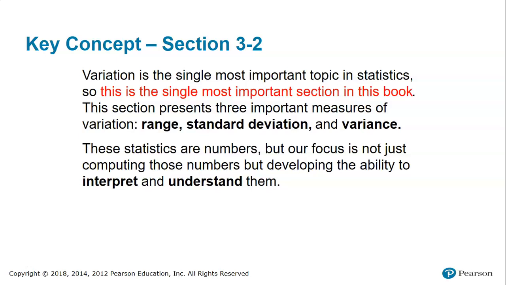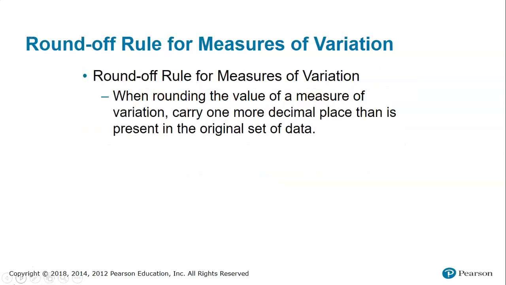So we want to be able to calculate these, but our calculators will do most of this for us. While we're going to look at a couple of calculations, it's not going to be anything long and drawn out. And most of the time, I'm going to expect that you just get it from your calculator. What's really important, though, as we go forward, is to be able to interpret and understand these particular statistics, the standard deviation and the variance.